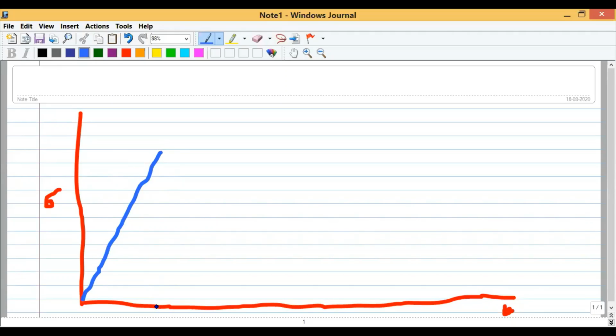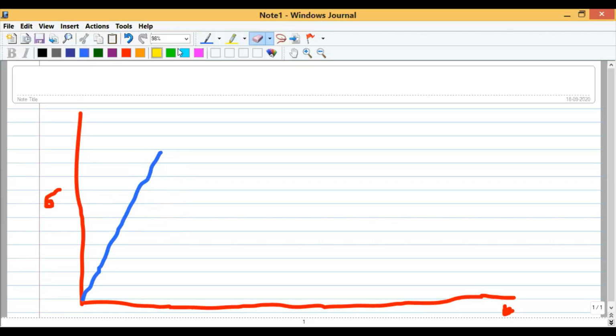That can be easily found by using the area under the curve of this triangle, which will give us some idea regarding how much energy has been stored in that material.